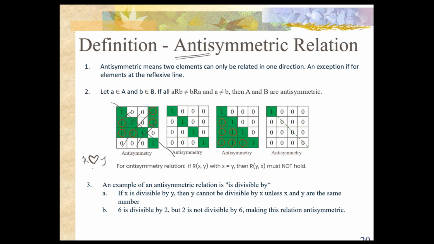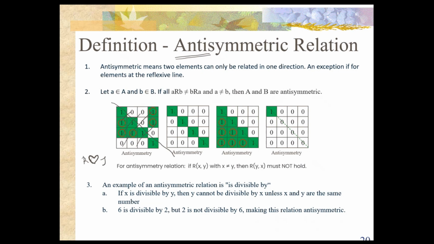However, if Romeo doesn't love Juliet and Juliet loves Romeo, it's also anti-symmetry. If Romeo loves Juliet and Juliet also loves Romeo, not anti-symmetry. What about Romeo doesn't love Juliet and Juliet doesn't love Romeo? We don't consider this because there's no relationship at all in the first place.